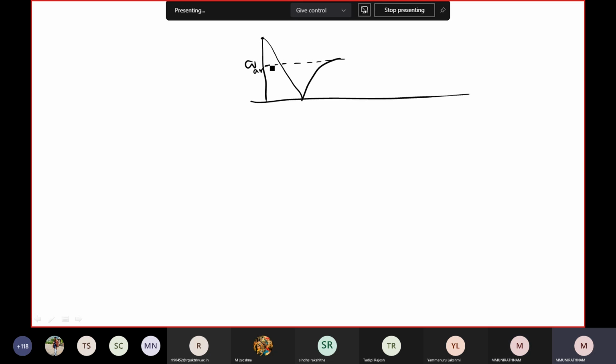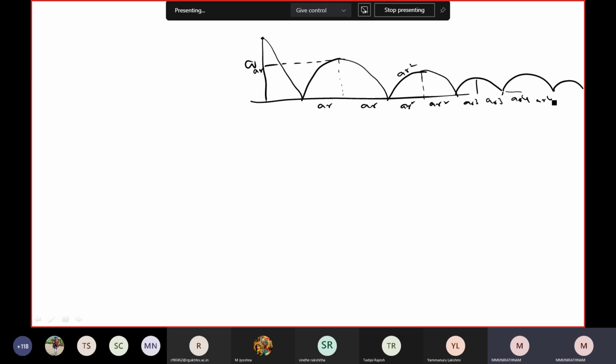Then it will again travel AR into AR, so this will be AR square. Likewise, it will travel: this is AR square, this is AR cube, this is AR power 4, and so on.